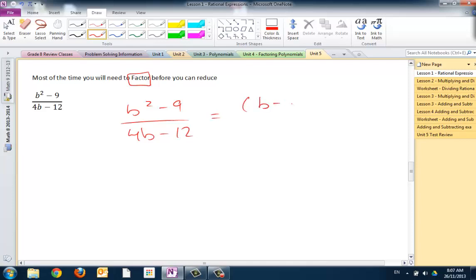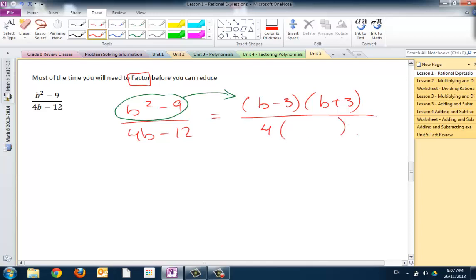So I can factor that to b minus 3 times b plus 3. In the denominator, I can say there's a common factor there of 4. If I remove a 4 from that binomial, I'm left with b minus 3.